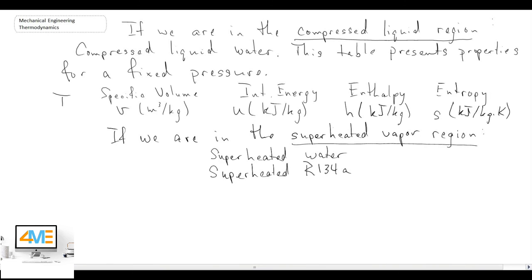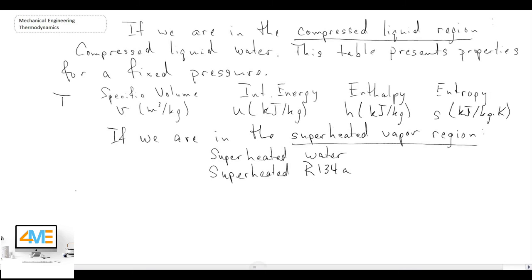And here, the way that the data is presented, if you're looking now in your superheated vapors, so here they call it superheated water. And what you'll find, again, you'll have them presented at different pressures. And for each pressure, you'll start at the saturation temperature, so the point where you go through the phase change process, and then temperature will go up from that point. And so you'll have different pressures for the superheated water tables.